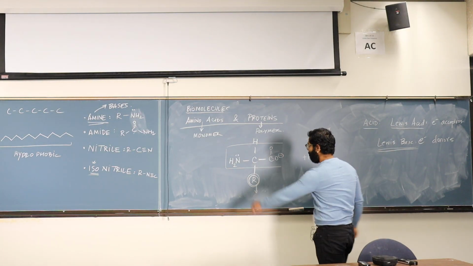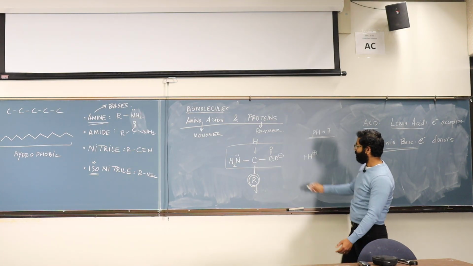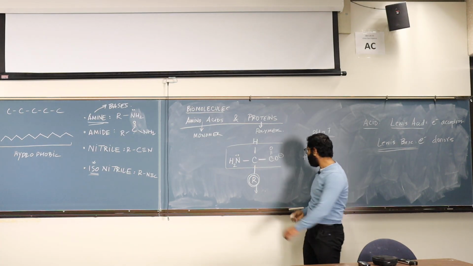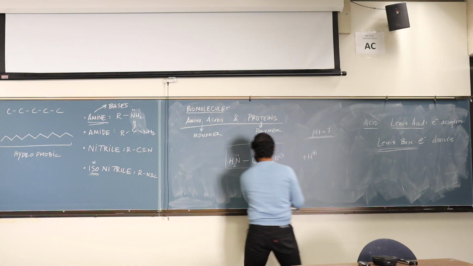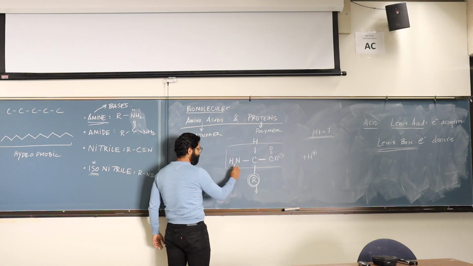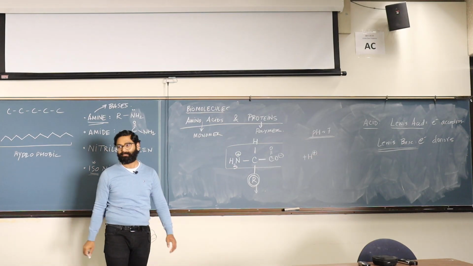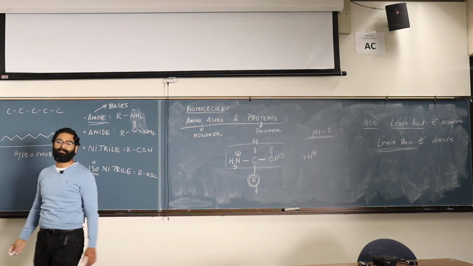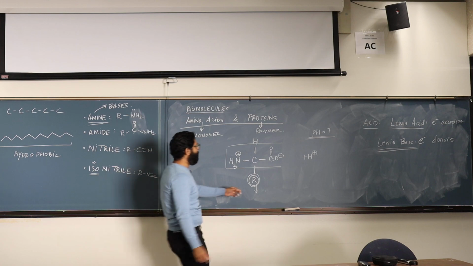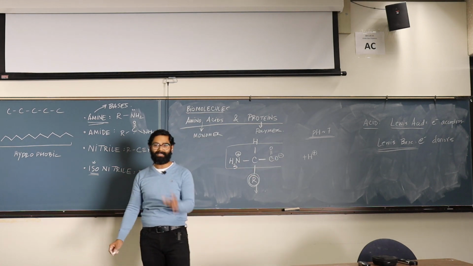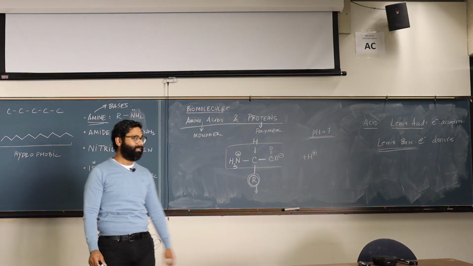In here, this H plus is taken up by this NH2 because this is a base. What happens is this H plus comes here, and this becomes a plus. So this molecule is an acid and a base both by itself. So it has an acidic center and a basic center.